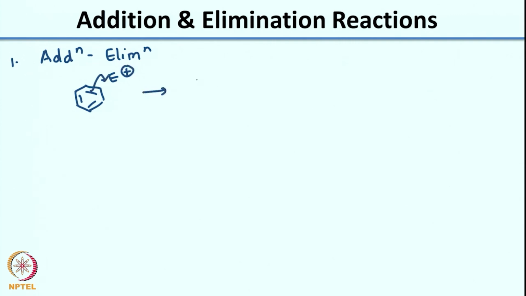So the first step is an addition, now once you have the addition reaction, the second part would be the elimination. So you have the proton being grabbed to give you the product. So this is an example of an addition elimination reaction.